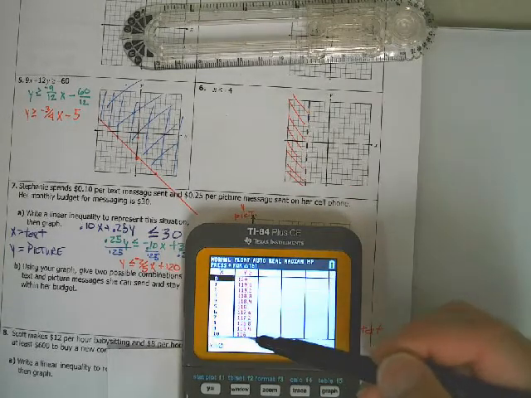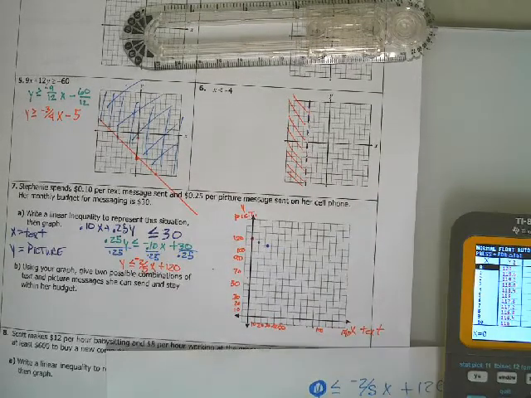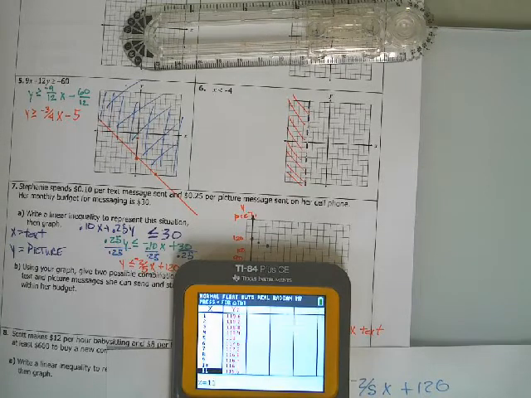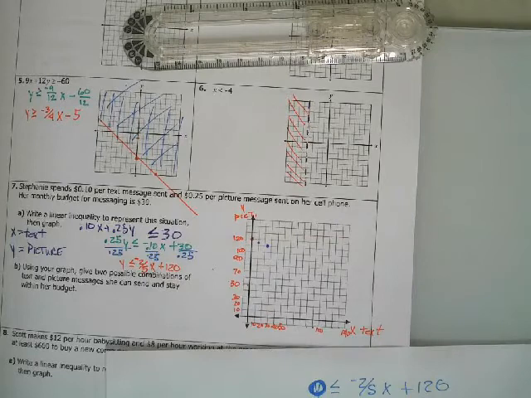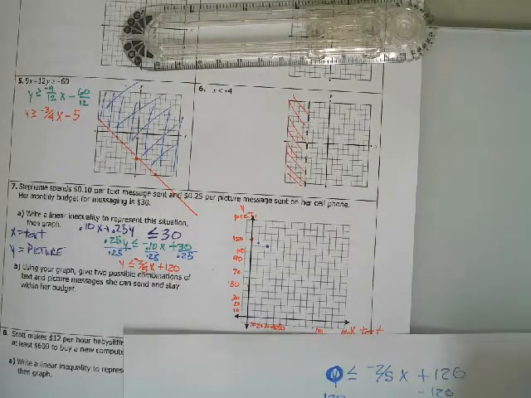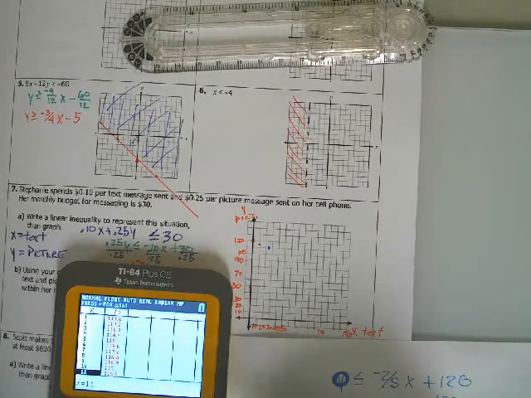At 10, it's going to be 116. I said 25. I may have made a mistake here. Let me look again. What was I trying to do?